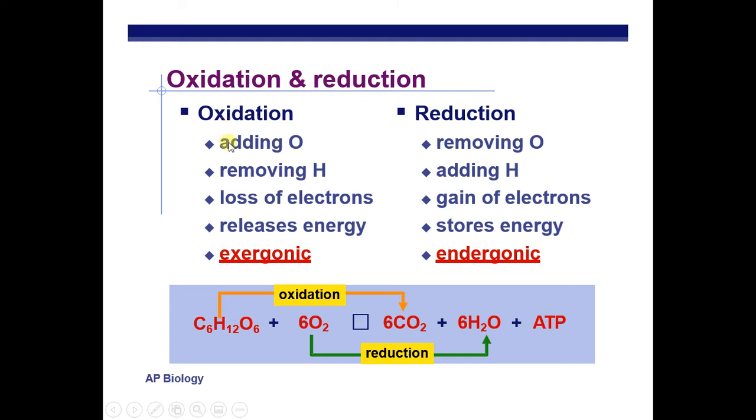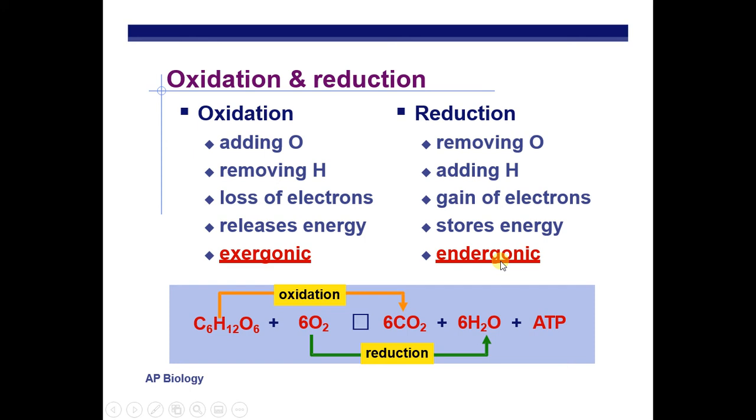Oxidation is when you're adding oxygen to something and removing hydrogen. It constitutes losing electrons and a release of energy. So oxidation is an exergonic process. And reduction is removing oxygen or adding hydrogen to something, gaining electrons and storing energy. So it's an endergonic reaction.